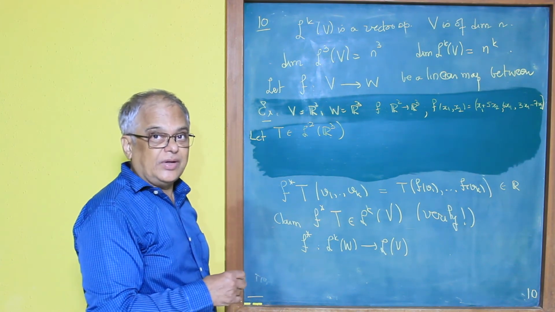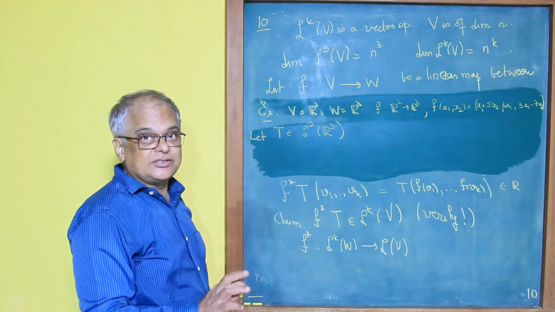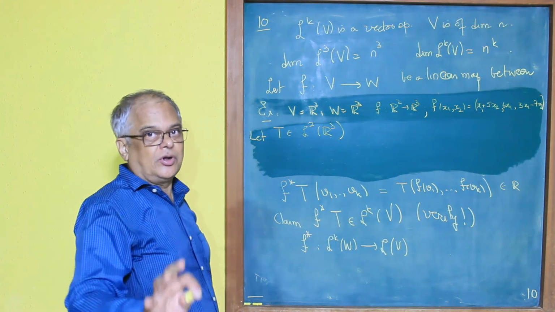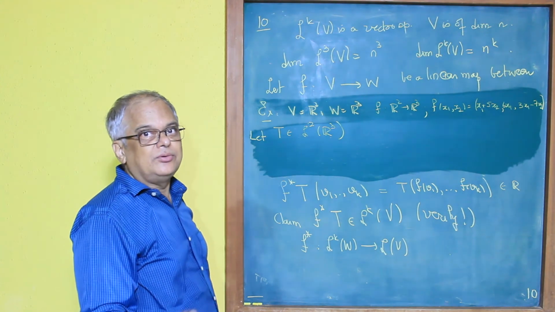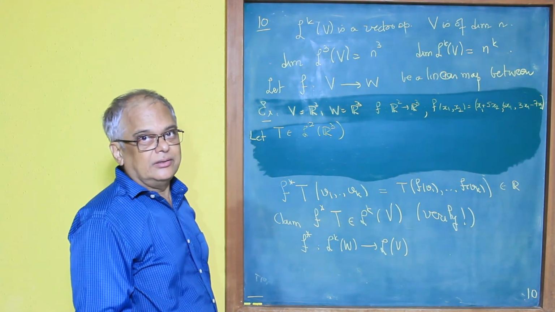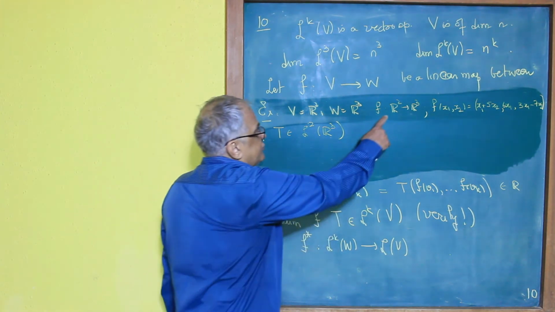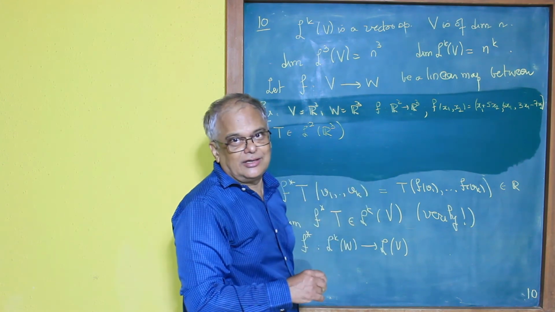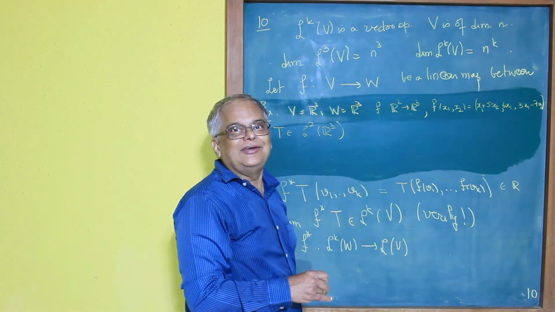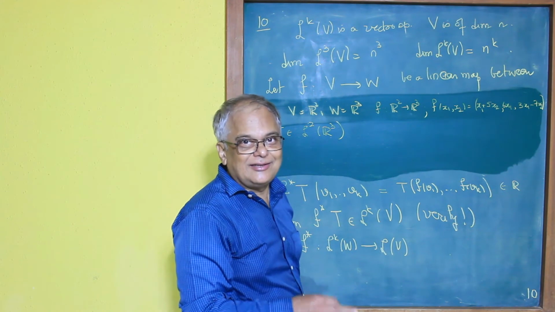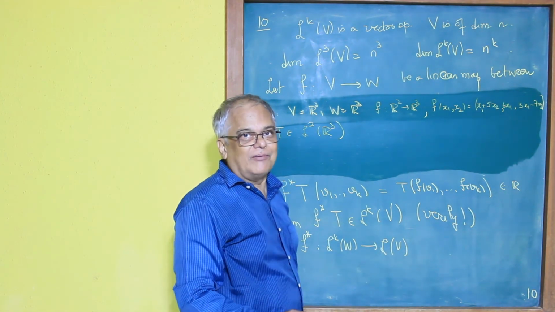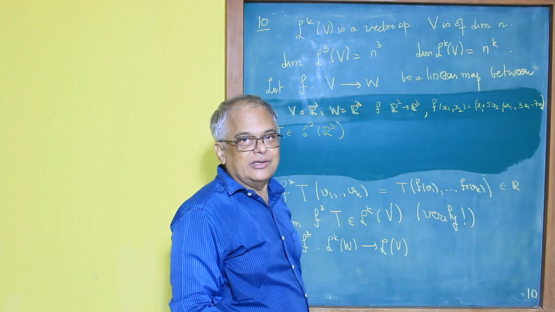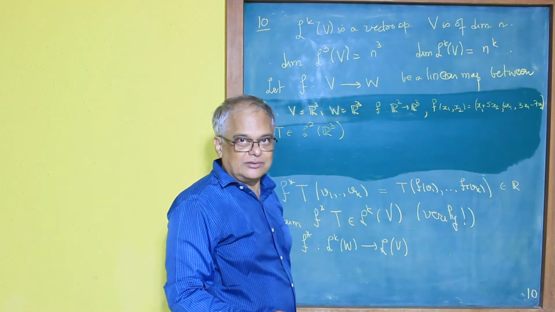Remember, what is the basis of L^2(R3)? You take a basis of R3, let me call that e1, e2, e3. Similarly, there will be a basis of R2, which I'll call e1 and e2. But you must understand that e1 and e2, the basis of R2, is different from e1, e2, e3, which is the basis of R3.